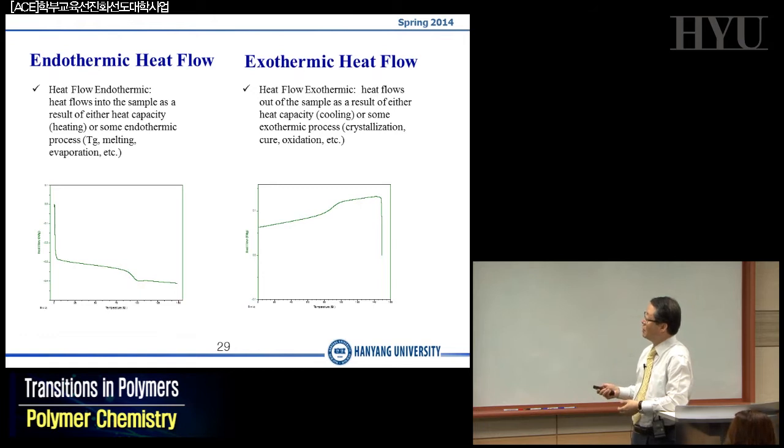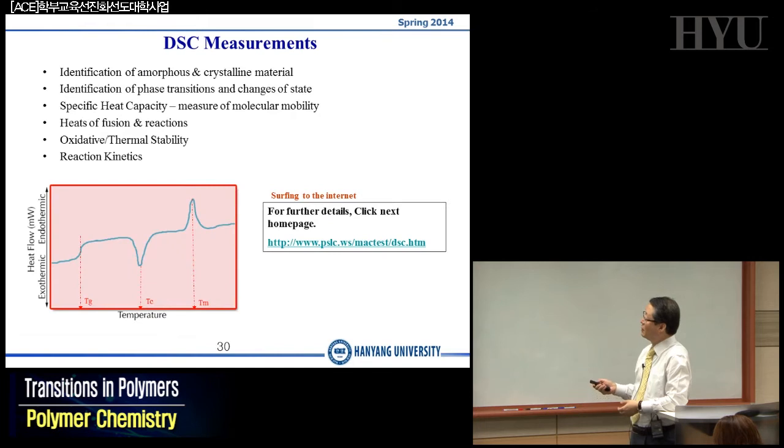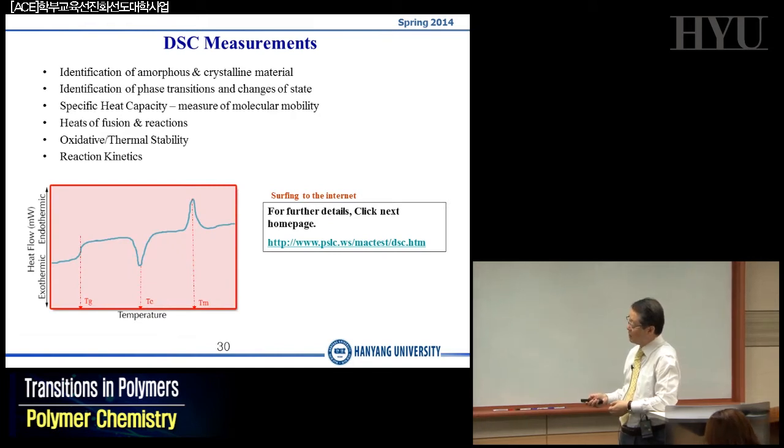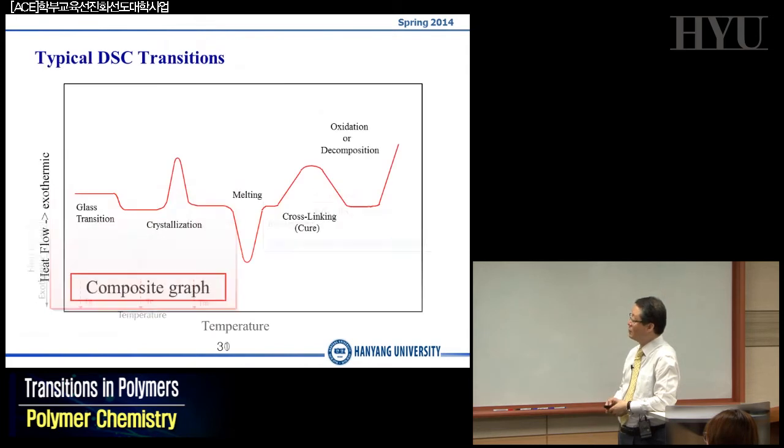If you have an endothermic heat flow or exothermic heat flow, DSC measures the endothermic versus the exothermic, and you can also detect other parameters such as the heat capacities of the materials, oxidative stability, or reaction kinetics using this DSC.